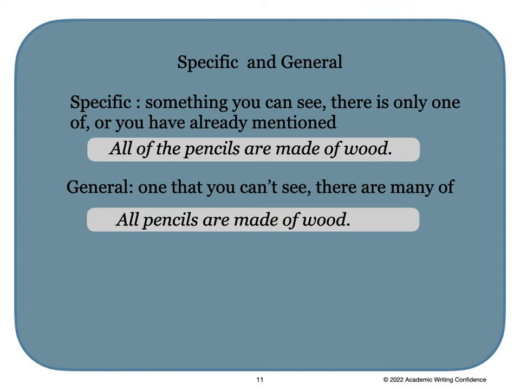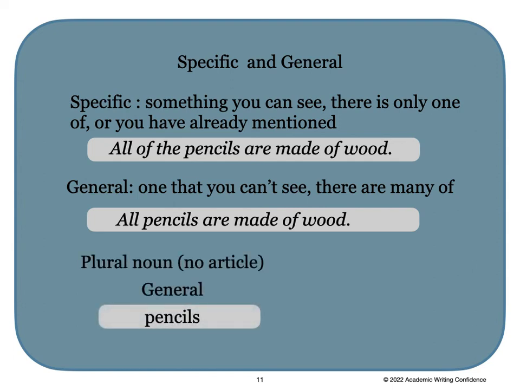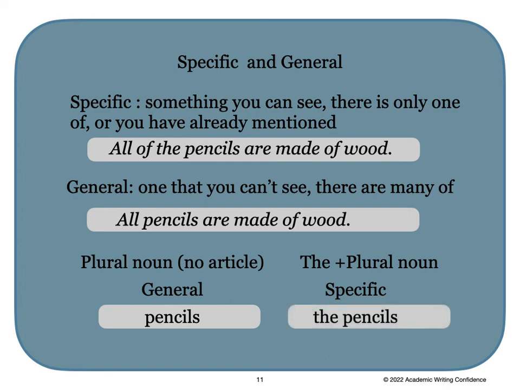All pencils are made of wood. When using a plural noun that does not include an article, the a or the, you need to follow the general rule, as in pencils. When using the specific pattern, you need to use the plus the plural noun, as in the pencils.